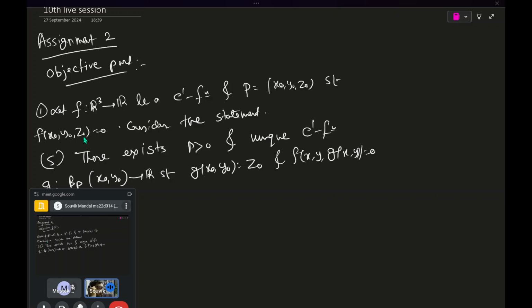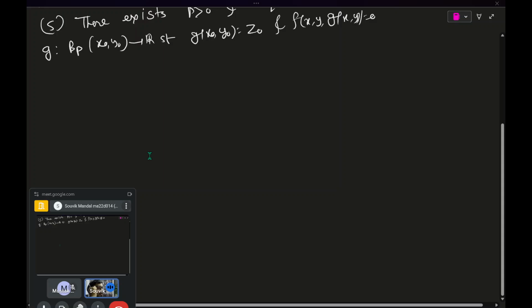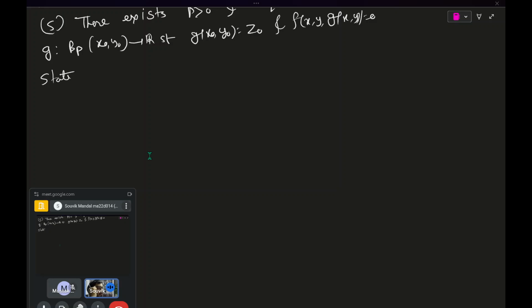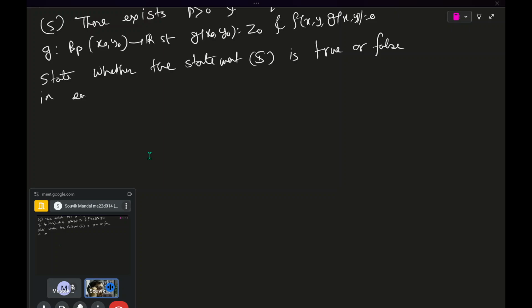Now the question is the following. State whether the statement S is true or false in the following cases.